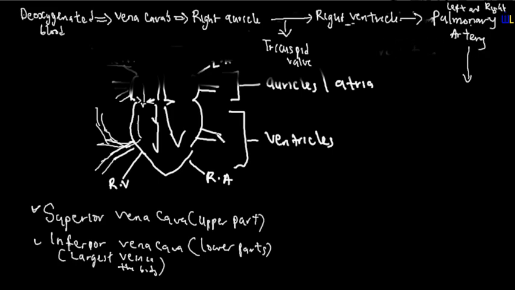Very good. Now, once blood is flowing out of here, there has to be a valve at this point that will prevent the blood from coming back. And that valve is what we refer to as the semi-lunar valve. Notice at each junction, there's a valve that prevents blood from flowing back from the pulmonary artery into the right ventricle.